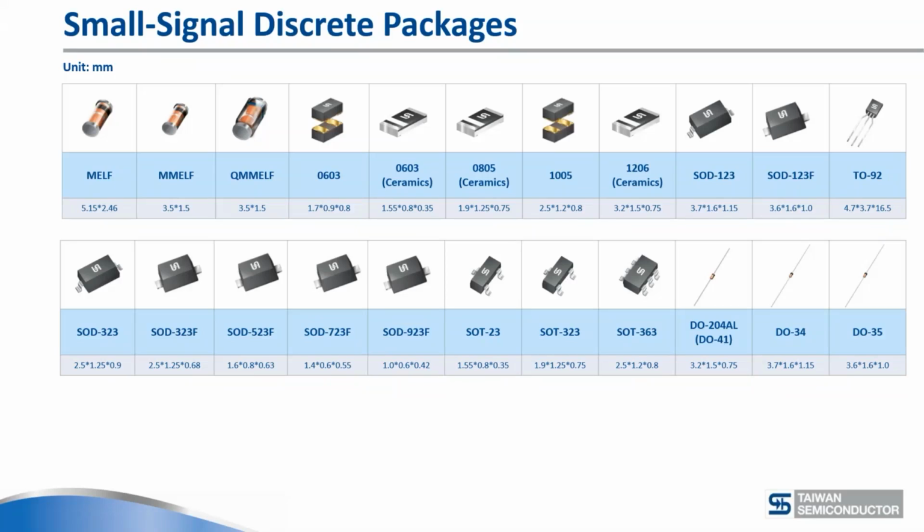So it's not just a space saving if you're reflow soldering, but also from a technical perspective, these DFN packages potentially reduce inductance. So we're coming with them pretty soon, especially for ESD devices.